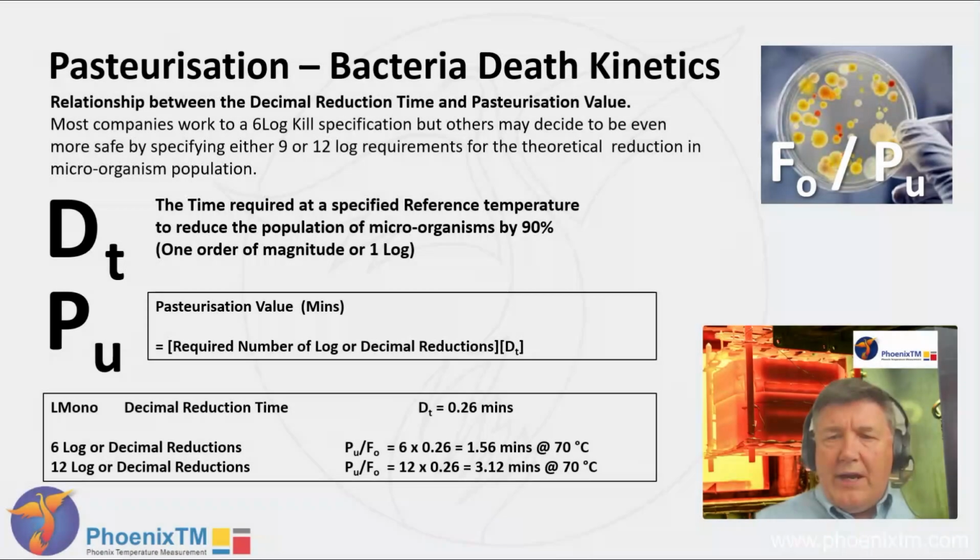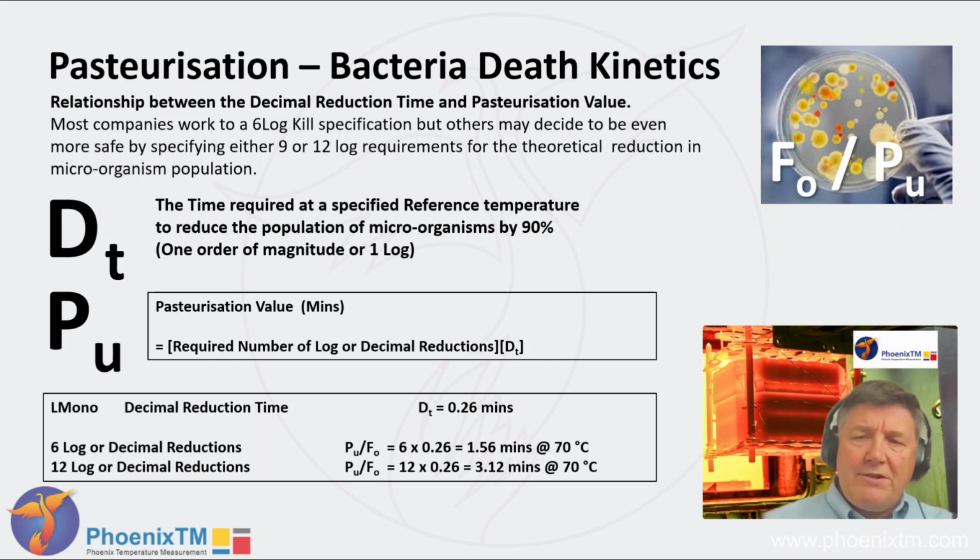When we're talking about pasteurization as part of our lethality calculation, there are two abbreviations that are used, or two units. One is F0 or PU. Both are interchangeable. And these are describing the successful nature of the cook mathematically based on the temperature history of the product itself.